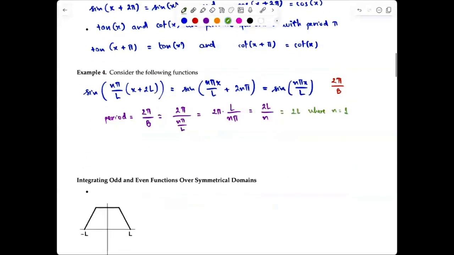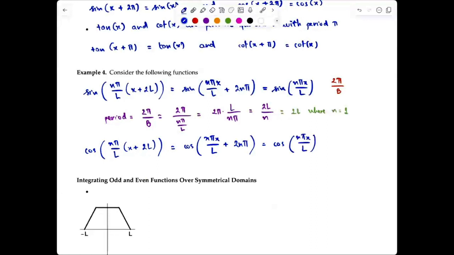So that's why, in this case, when we assume n equal to 1 just for the period, not for the entire functions, the sine function that we have here is a periodic function with period 2L. And we can do the same for cosine functions. So cosine of n pi over L times x plus 2L is equal to cosine of n pi x over L plus 2n pi, and this is equal to cosine of n pi x over L. Okay.